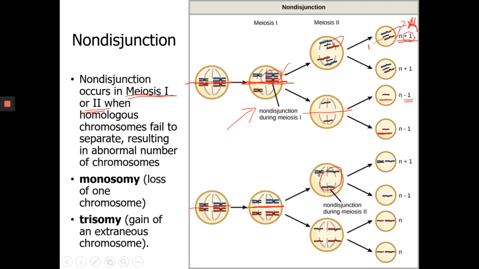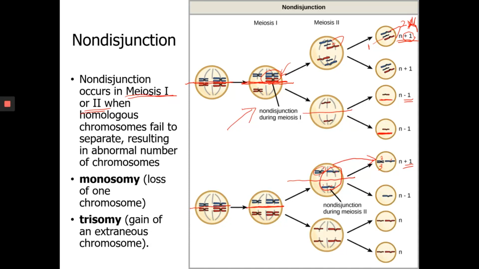But when you look at the second chromosome, you can see that the 2 sister chromatids are not pulled away. So they end up in 1 cell instead of 2 cells. For this particular cell, you're going to have an extra copy of the chromosome. So you're going to have 1, 2, and 3. Again, you are 1 over, so that's n plus 1.